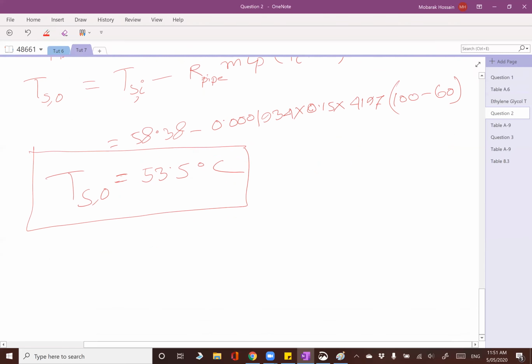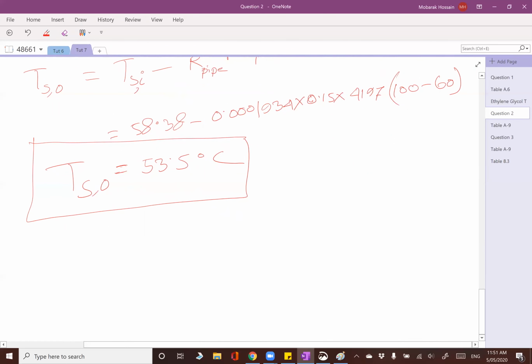That means, to avoid the thermal burn, we should keep it lower than 45 degrees Celsius, but here it is more than 45 degrees.